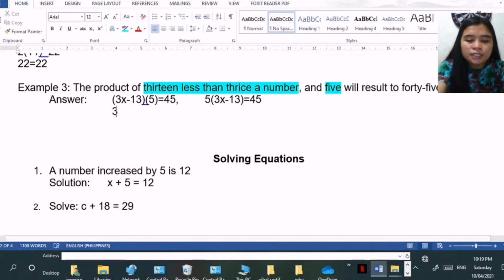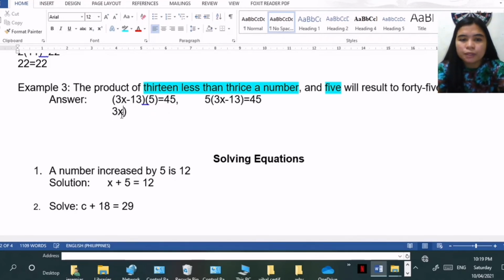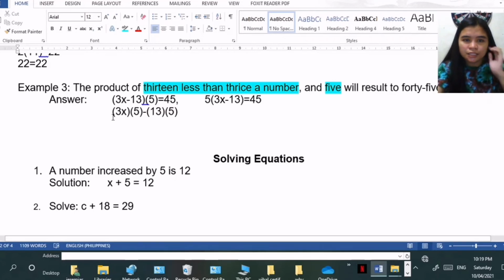So, magiging 3x, ilagay natin siya sa parenthesis para hindi kayo malito, and then 3x times 5, and then minus, and then copy 13, pasok natin siya sa parenthesis, and then parenthesis ulit, kasi ita-times nga natin siya sa 5.